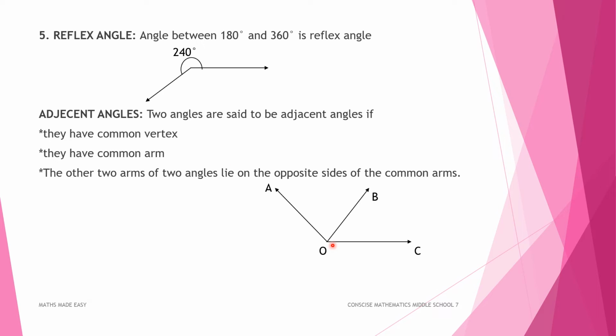Here, see here, two angles are said to be adjacent. Where are the two angles formed? The two angles are formed over here: AOB is one angle and BOC is another angle, right?